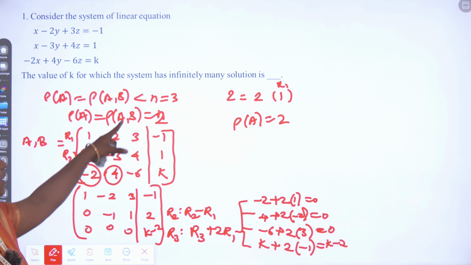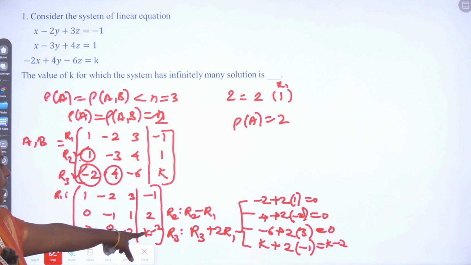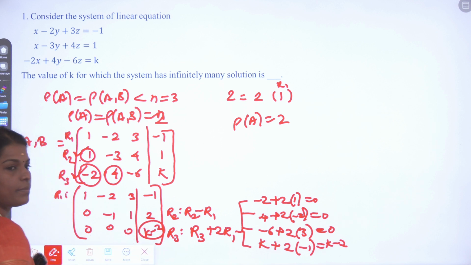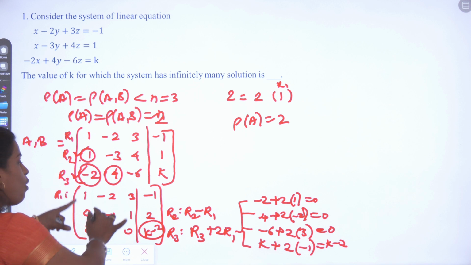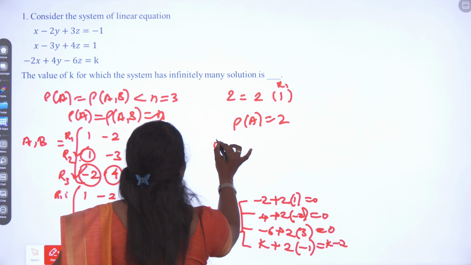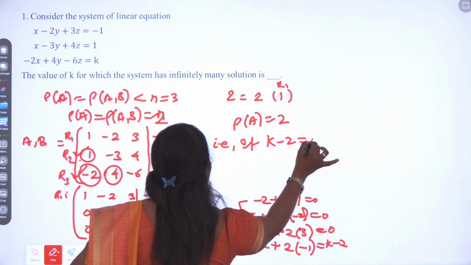Only then we get infinitely many solutions. Right? To get that, this element should be equal to 0. Only then rho of AB completely becomes 2. That is, only if k minus 2 is equal to 0.